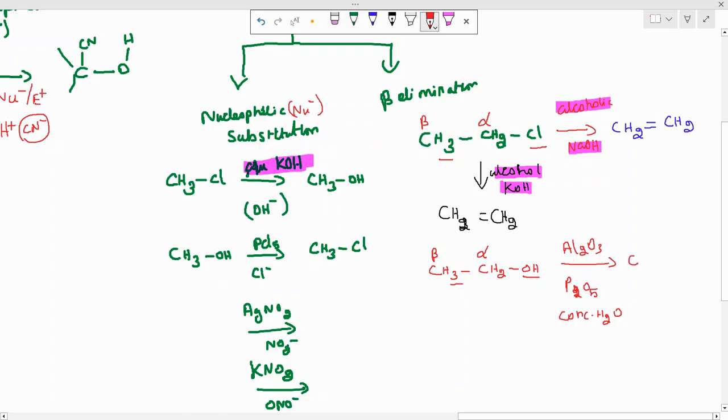Remember that always. For NEET I will explain those reactions again, so don't worry. Every particular reaction I will explain with the active species, mechanisms, and everything for NEET and JEE. But this is for board, that's why I'm explaining like this. And here look at CH2 double bond CH2.